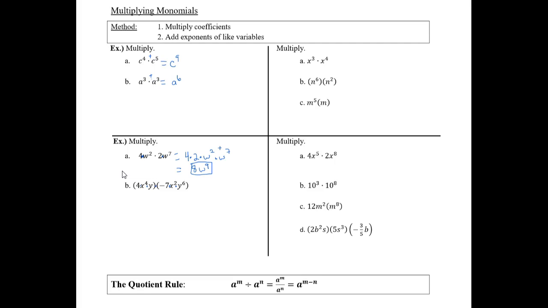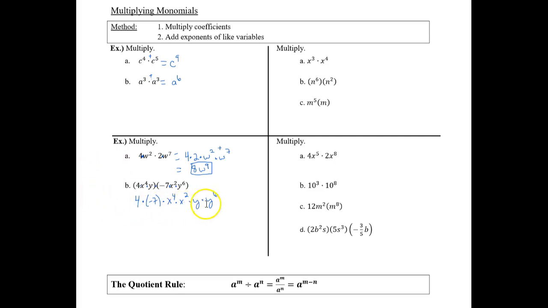There's no pluses or minuses, so we can rearrange this. Multiplication is commutative. This is the same thing as saying 4 times -7 times x to the 4th times x squared. So I'm grouping my coefficients, I'm grouping my x's, and y times y to the 6th.